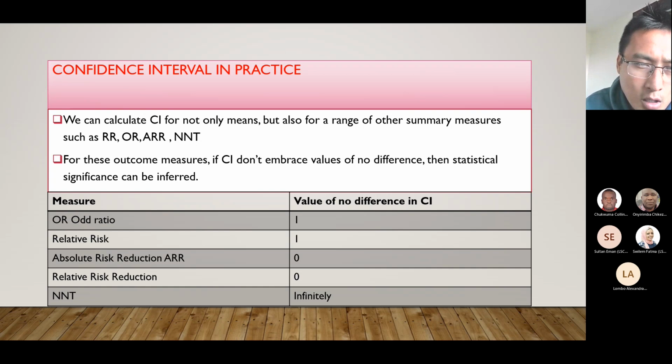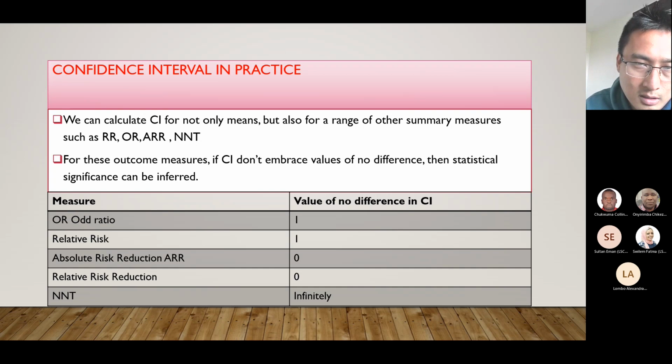How do we calculate relative risk reduction? RR minus 1 or EER over CER. No. Relative risk is EER divided by CER, but relative risk reduction is 1 minus RR. And RR is EER divided by CER.